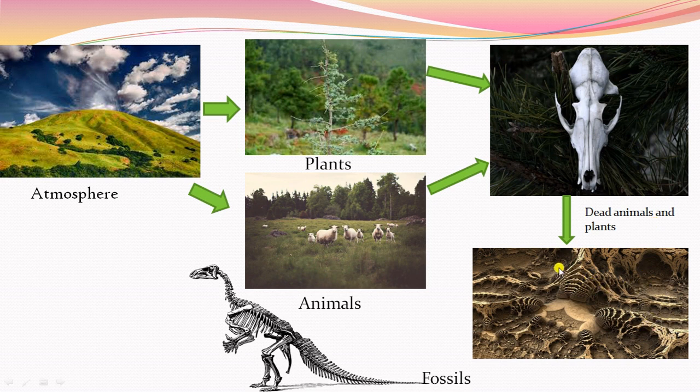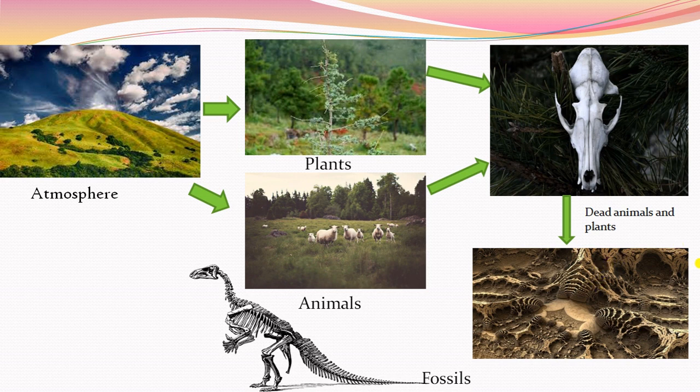So when we do the carbon dating method, these are the fossils. Here you can see the dinosaur and some fossil bones. When we measure the amount of carbon present in them, we can identify the age of the fossil.